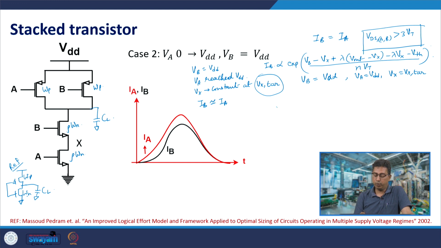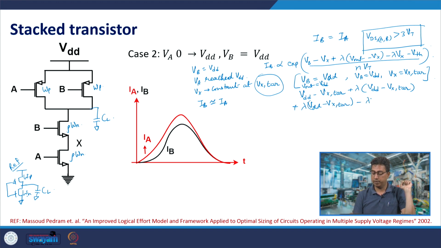For Ib being equal to Ia, you would have VDD minus Vx target plus lambda into Vout, which is beginning to discharge, so it is again VDD minus Vx star minus lambda Vx, because Vout is VDD minus Vx target, minus gamma body effect Vx target minus VTA.